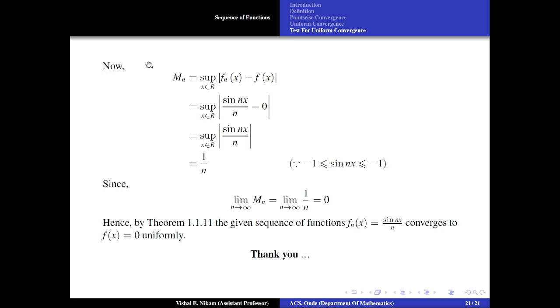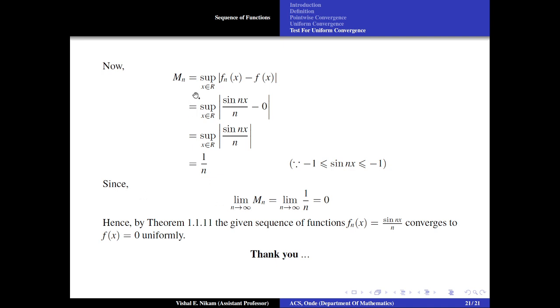Now let us check the uniform convergence. For that, let us evaluate the sequence Mn. Mn is what? The supremum of modulus of Fn of x minus f of x over x belongs to R. What is Fn of x? Sin nx upon n minus 0, that is sin nx upon n. Now what is the supremum value? This function sin nx has maximum value 1 for x belongs to R. So the supremum is 1 by n.